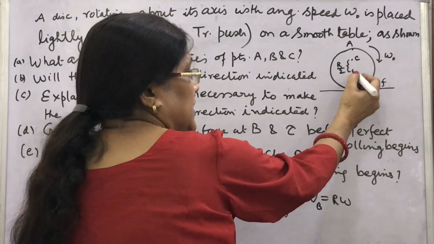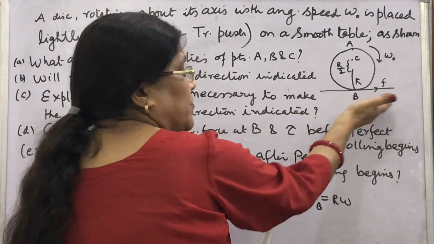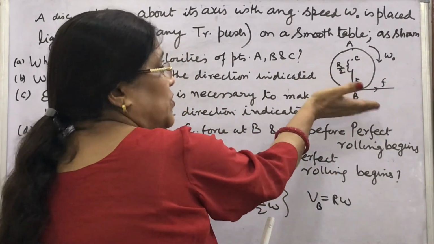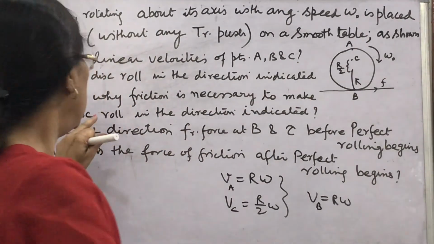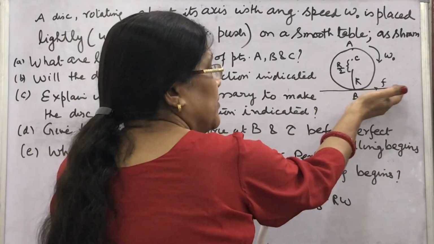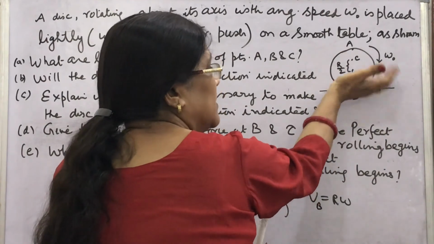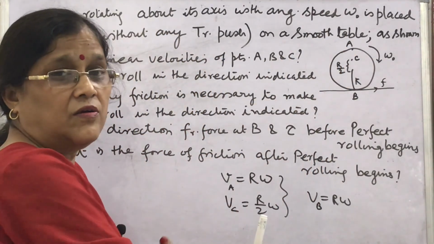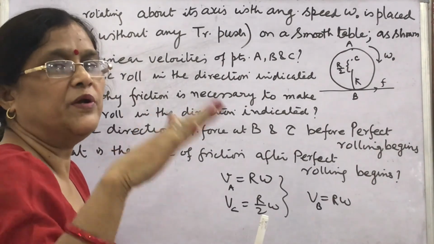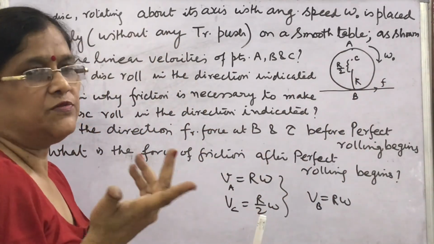Look, this is the radius, and then the force of friction, if present at the table, only then will the rolling take place. So why is friction necessary? Friction will make the disc roll by producing the torque so that rolling occurs. For rolling to take place, torque is necessary and torque will be produced by the tangential force. This force is the force of friction, that's why.